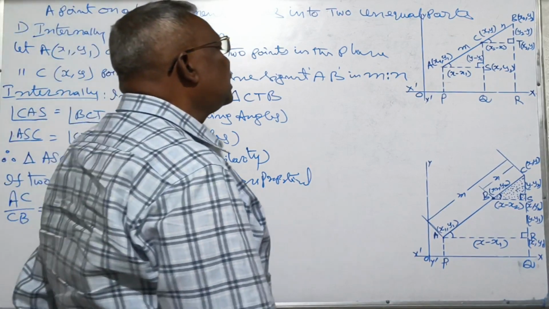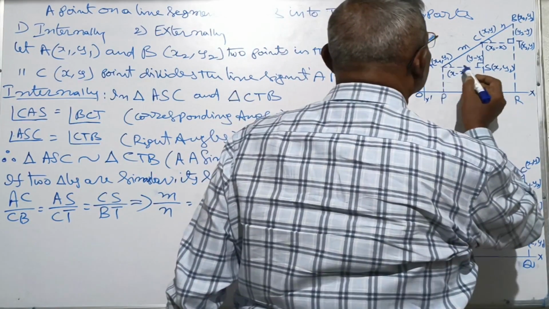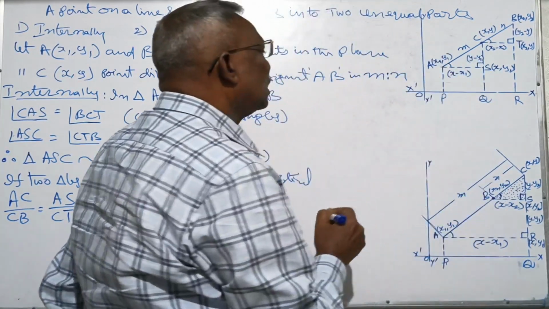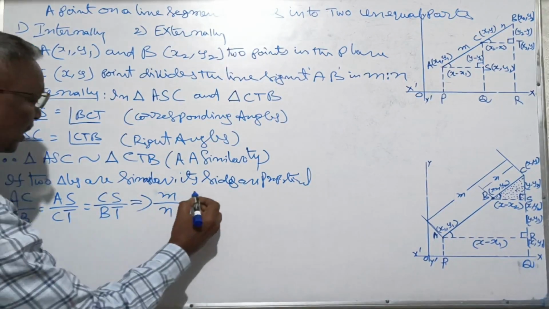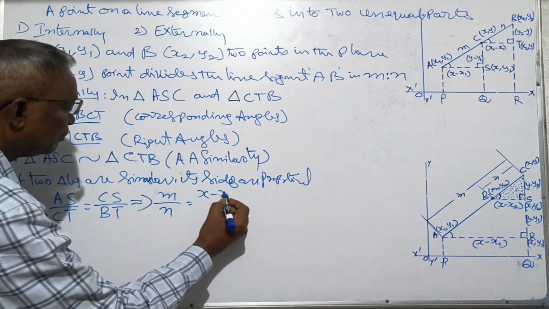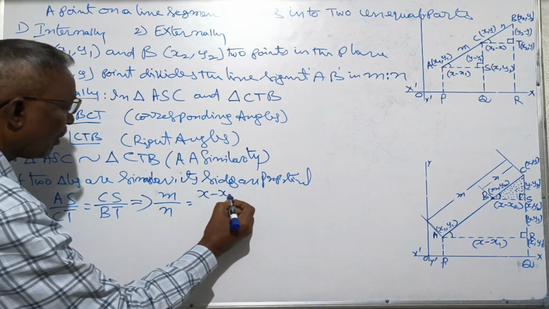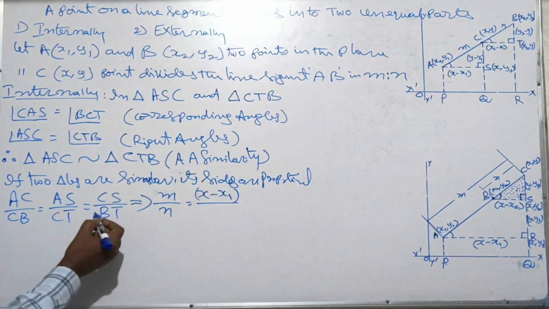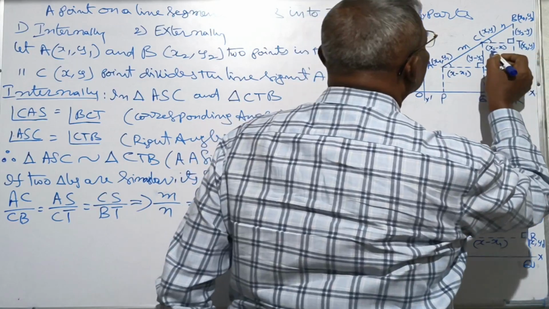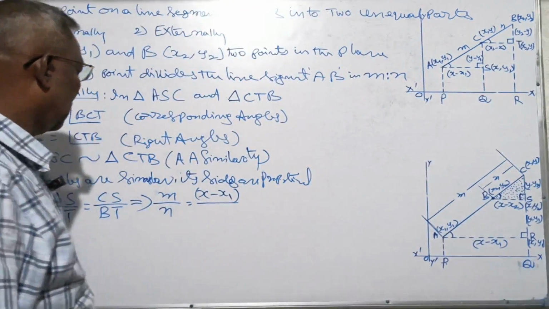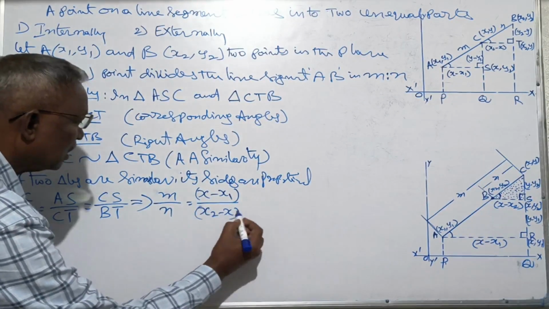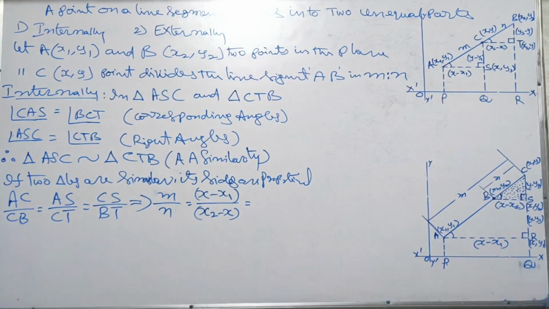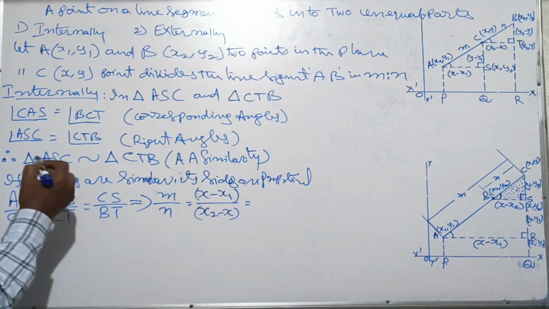AS is X minus X1, by CT. CT means X2 minus X. That is equal to CS by BT.